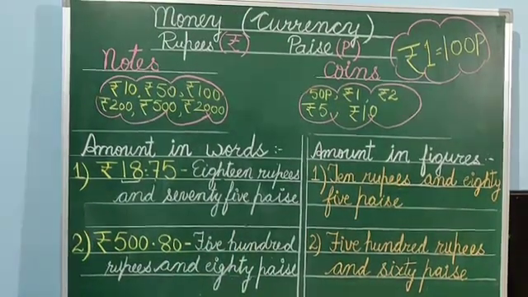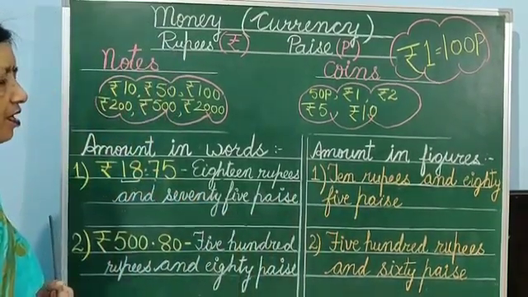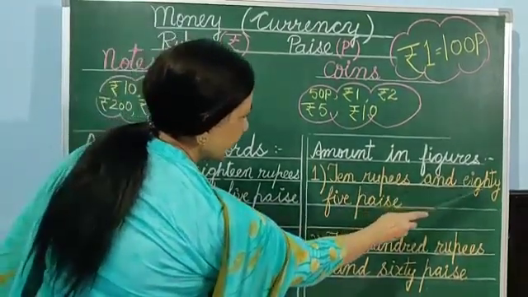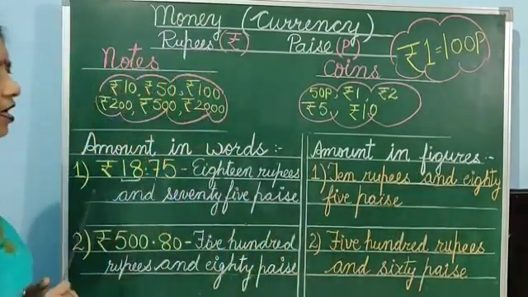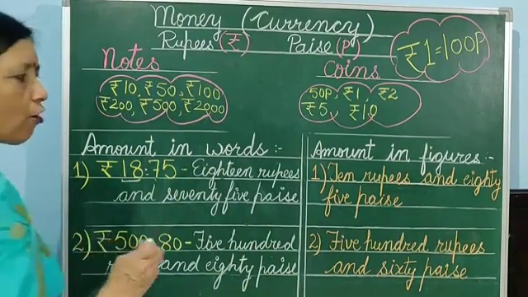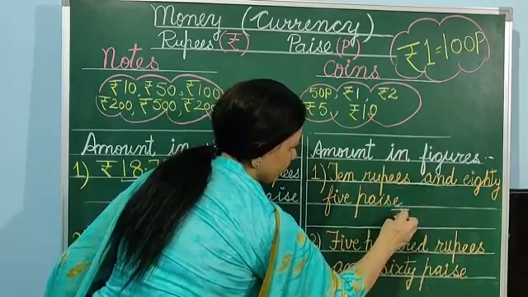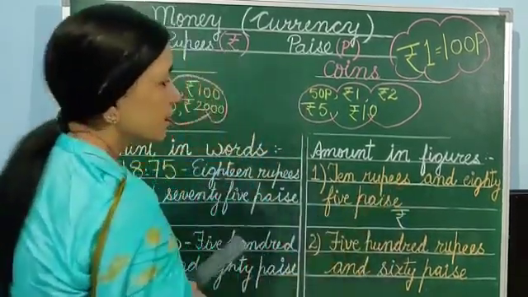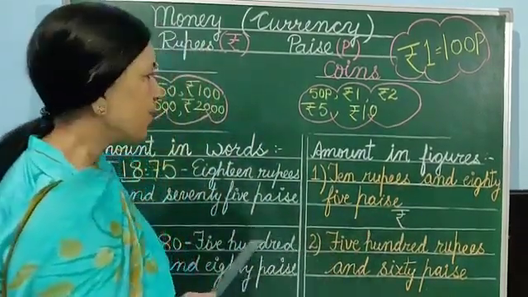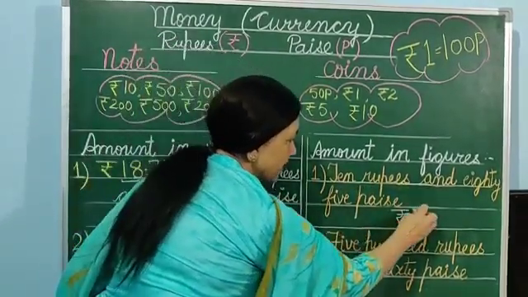Now we will do amount in figures. First sum is 10 rupees and 85 paise. Now we have to write down this amount in figure. First of all, we will write down the symbol of rupee. This symbol is always written before the figure. Now how many rupees are there? 10.